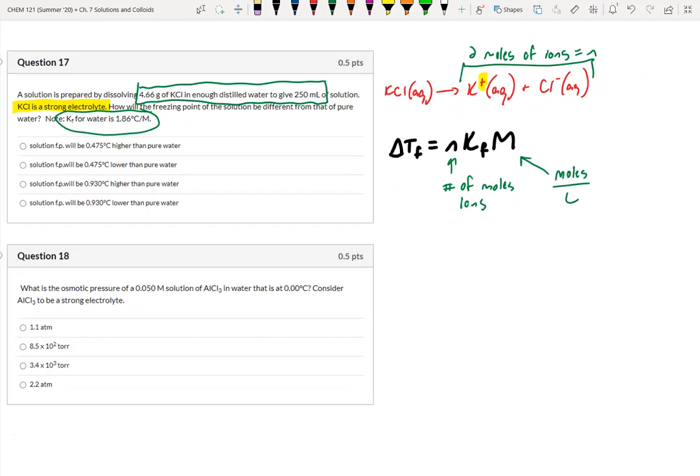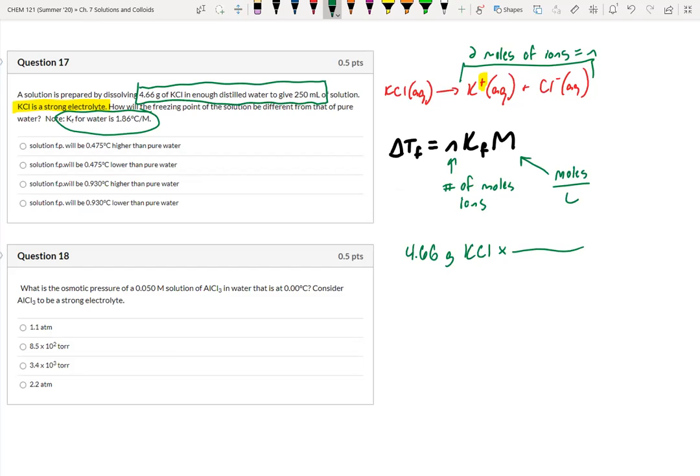So we know that we've got 4.66 grams of KCl, but we need to figure out moles. So let's go to our book, and potassium is 39.10, and we've got chlorine, which is 35.45.